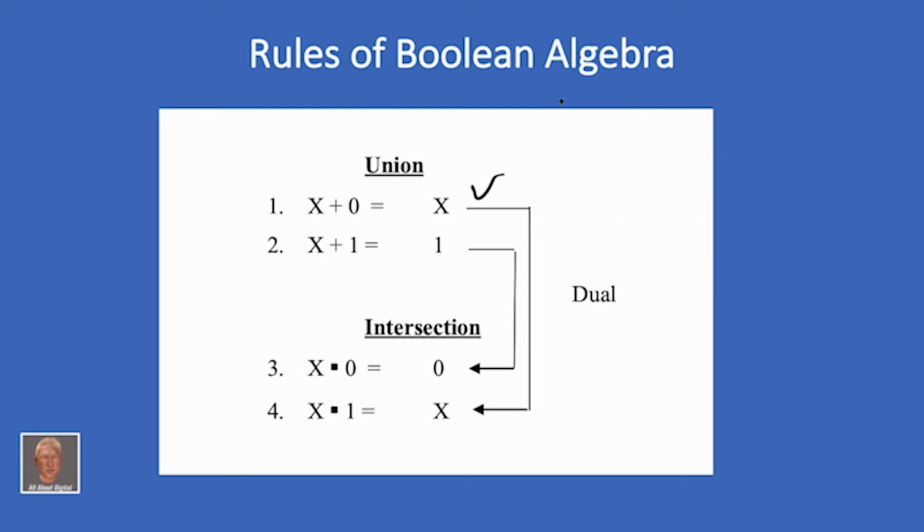The second one is not. Let x equal 0. So we have 0 plus 1 equals 1. That's true. What if we let x equal 1? Then we have 1 plus 1 is equal to 1.